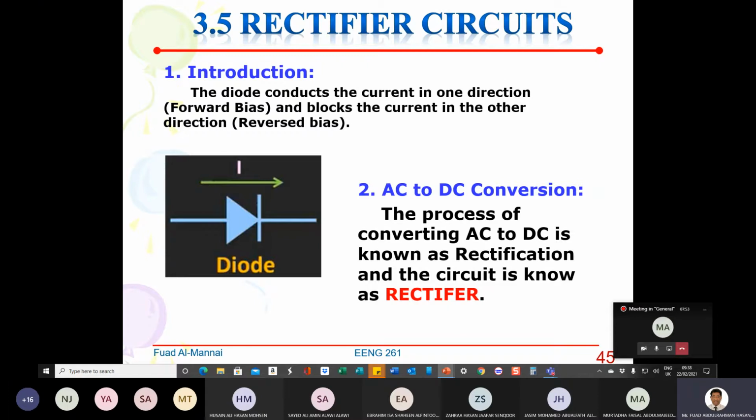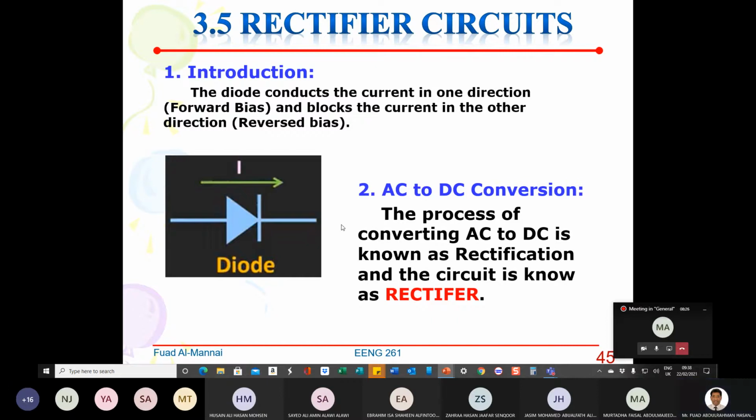The process of converting AC to DC is known as rectification, and the circuit that is used for this purpose is called a rectifier. So the circuit is called a rectifier, and the process is called rectification.